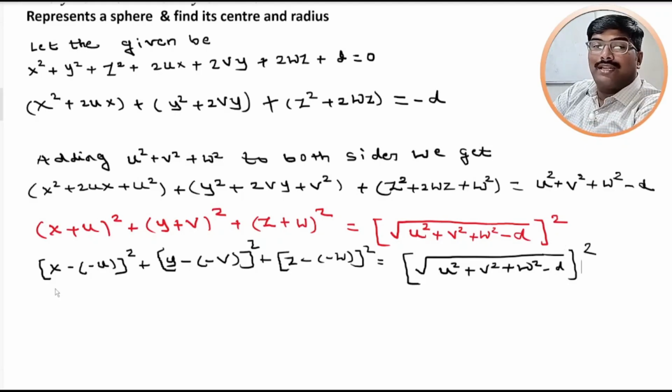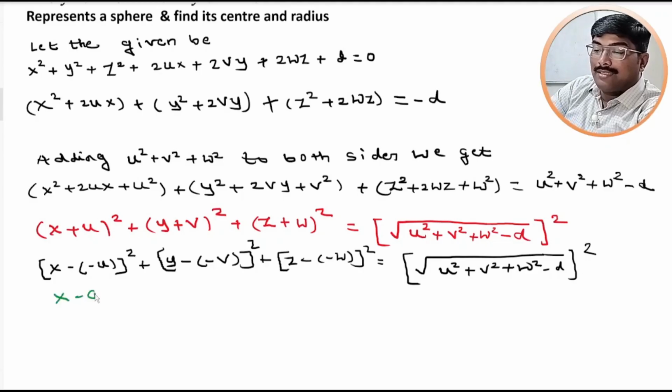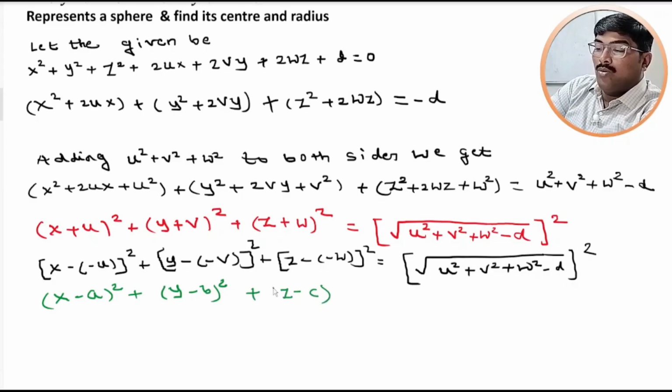This equation is in the form of central form, that is, we know that the central form is x minus a whole square plus y minus b whole square plus z minus c whole square is equal to r square.